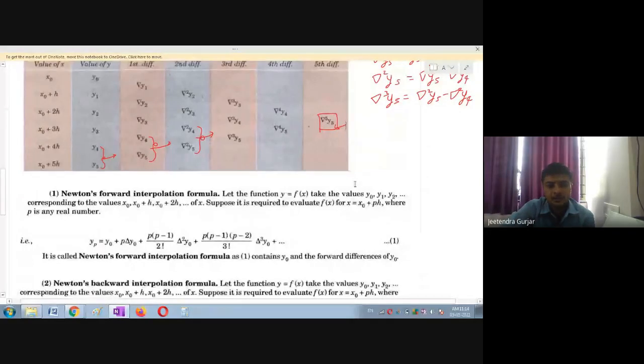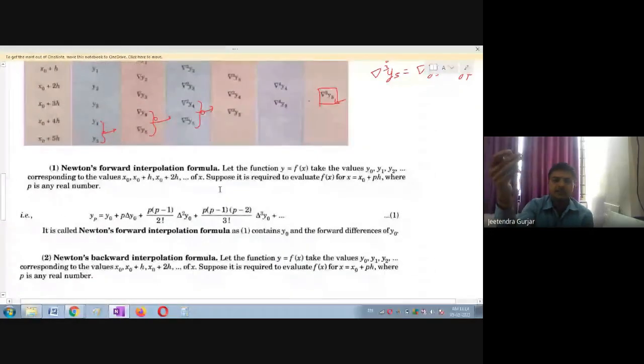Okay, so here Newton conducted this experiment and estimated a very accurate value by using this formula known as Newton's forward interpolation formula. He says let the function be y = f(x), students. Take the values y0, y1, y2, and so on, with corresponding values x0, x1, x2, and so on. Suppose it is required to evaluate f(x) for x = x0 + ph, where p is any real number.